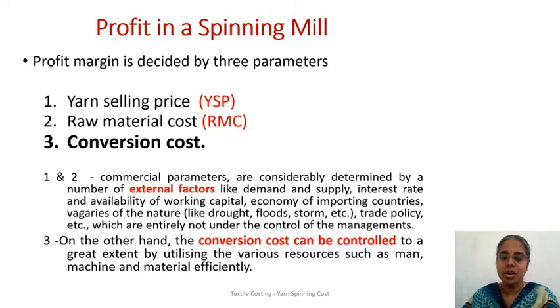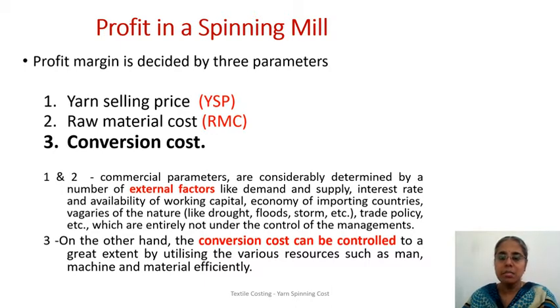Yarn selling price depends on the demand and the market price, so there is not much control over it, and the raw material purchases that we do are not in our hands or under our control.